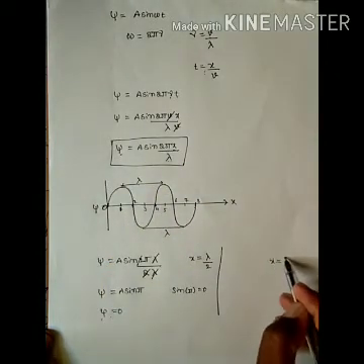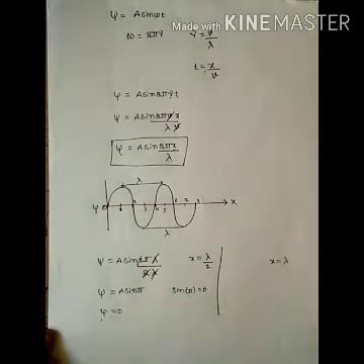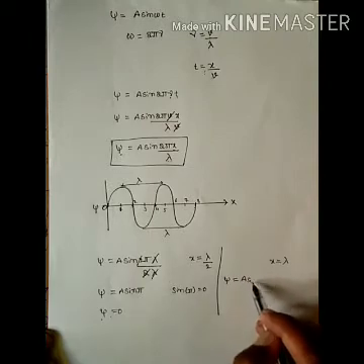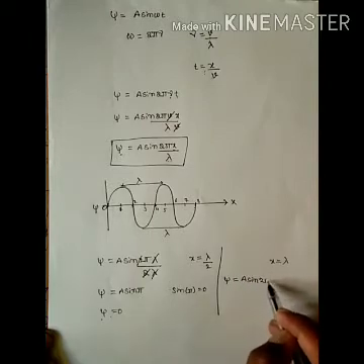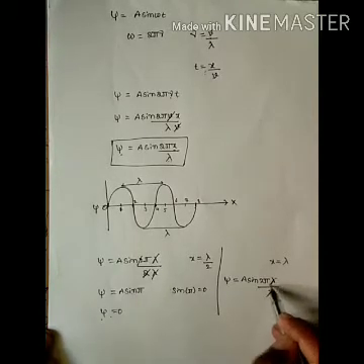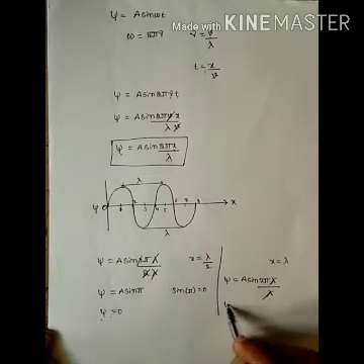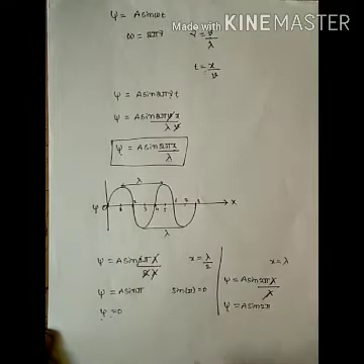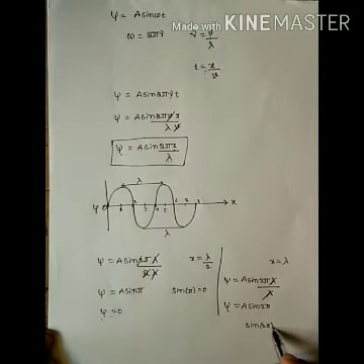Therefore x is equal to lambda, and we can introduce the same in the sinusoidal wave equation, so that xi is equal to a sine 2 pi, and in place of x, it is lambda by lambda. Lambda gets cancelled. Psi is equal to a sine 2 pi, and again, sine of 2 pi is 0. That's nothing but psi is equal to 0.